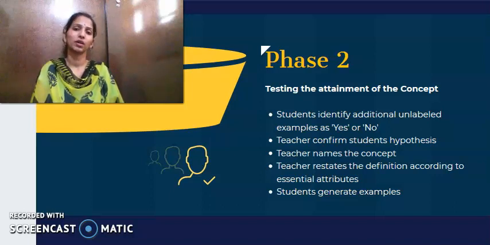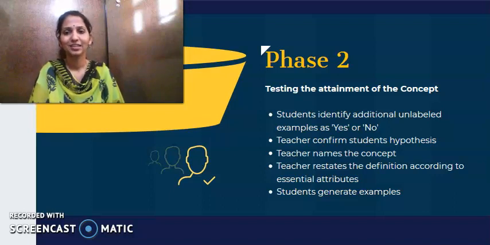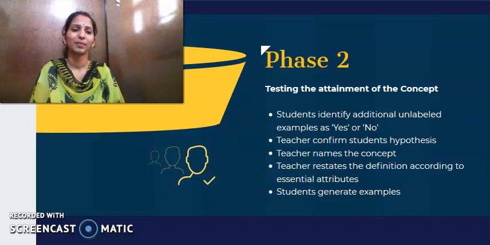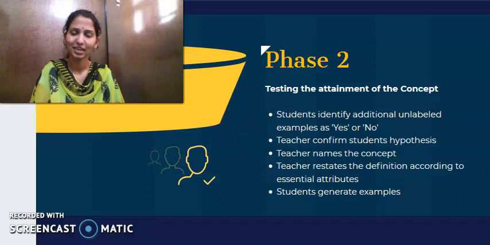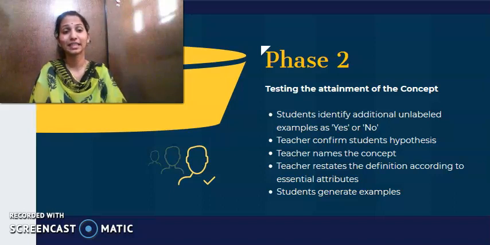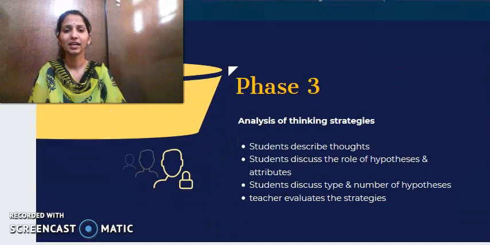Then, to further strengthen the concept, the teacher asks the students to generate their own examples. By the end of this phase, the teacher would come to know whether the students have attained the concept correctly or not. That finishes phase 2.